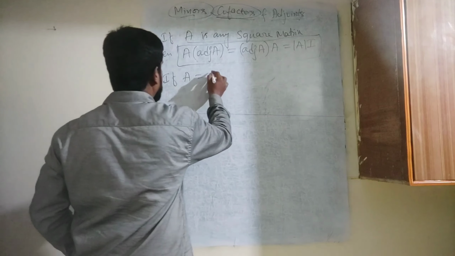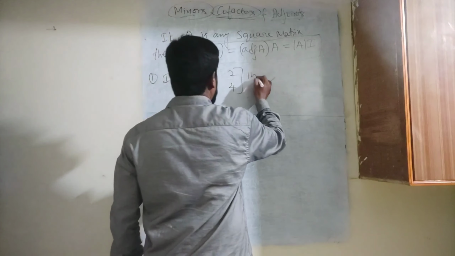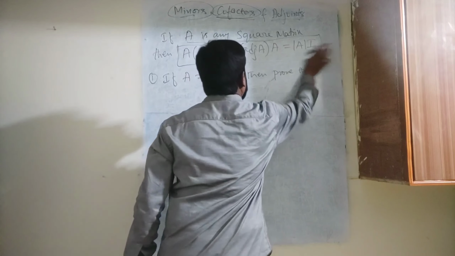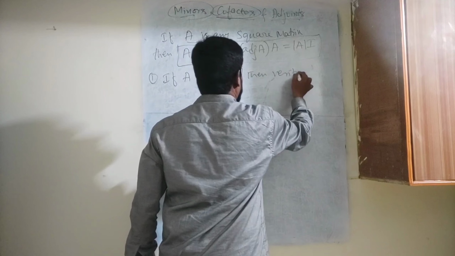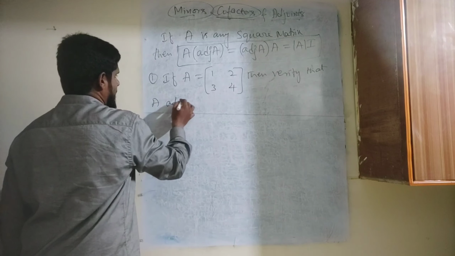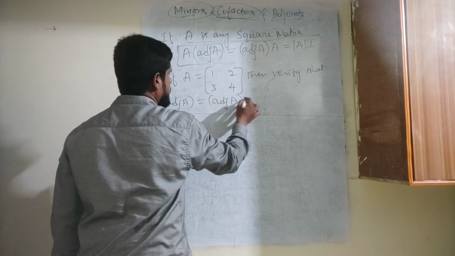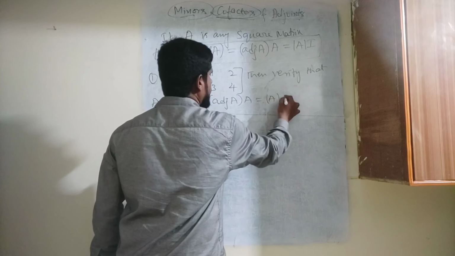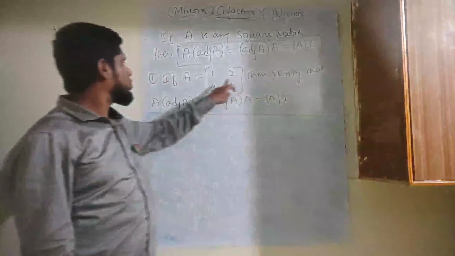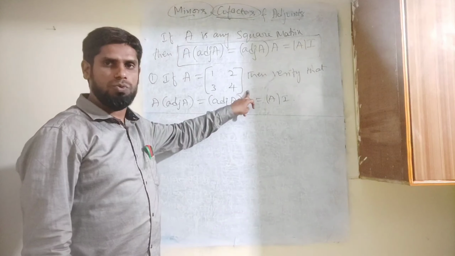If A equals [1, 2; 3, 4], then prove or verify that A into adjoint A is equal to adjoint A into A is equal to determinant A into I. Here, I is the identity matrix of order 2 cross 2, because the given matrix A is of order 2 cross 2.